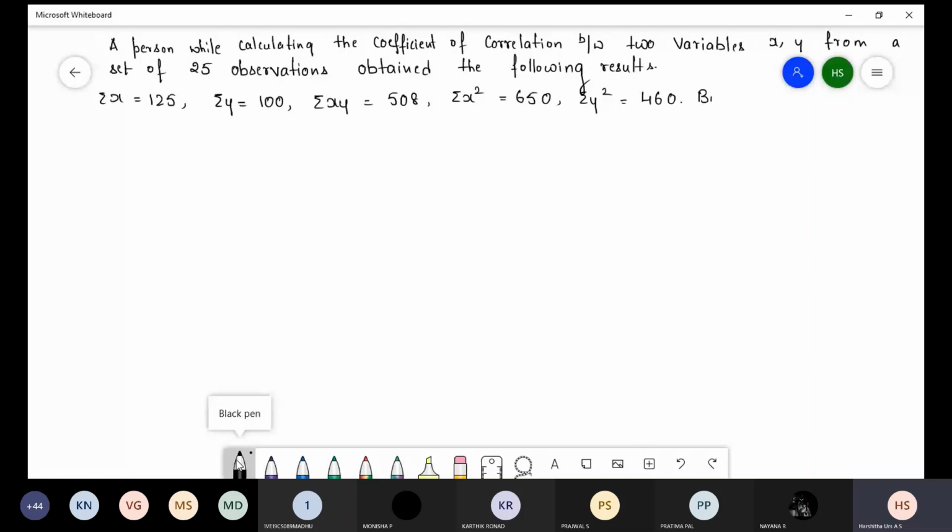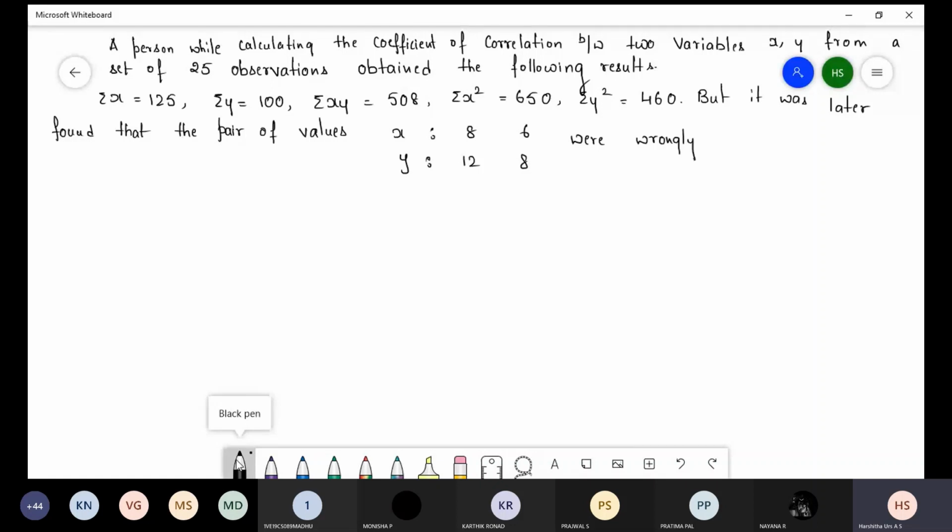But it was later found that the pair of values x is 8, 6, y is 12, 8 were wrongly copied as x value is 6, 8, y value is 14, 6.